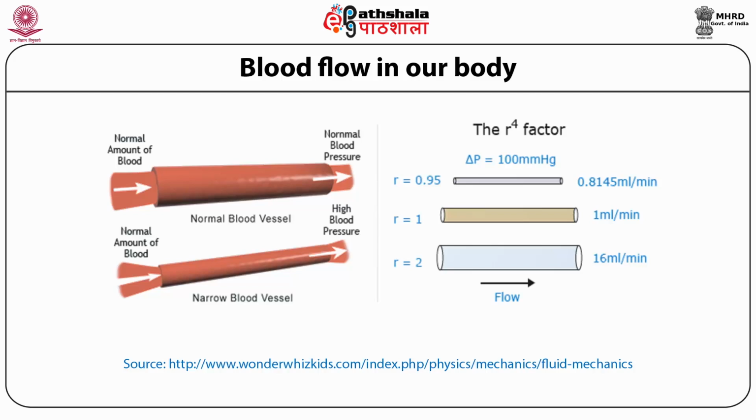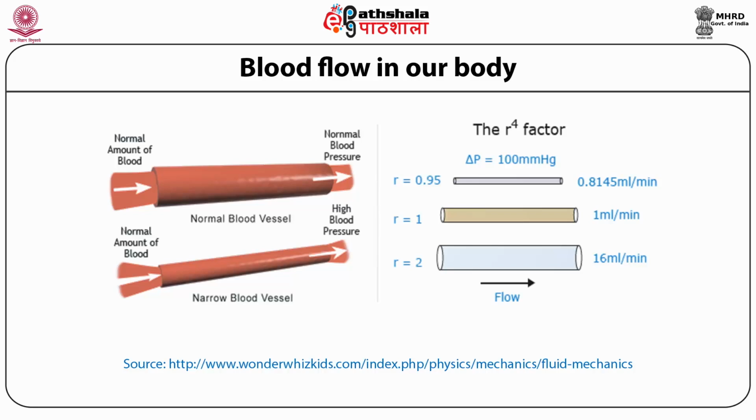Sometimes these blood vessels get narrower, and when they get narrower, because the blood flow has to remain constant everywhere inside the body, you have high blood pressure in those regions where the blood vessels have become narrower, as compared to those regions where they have normal size.